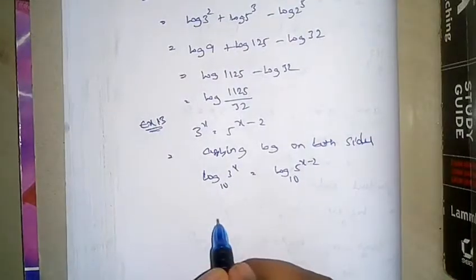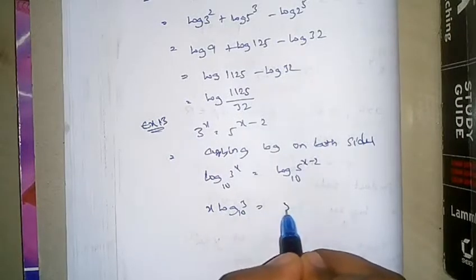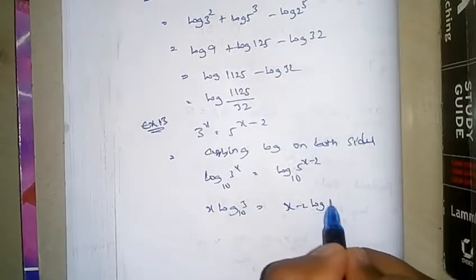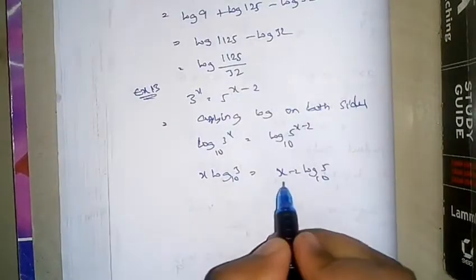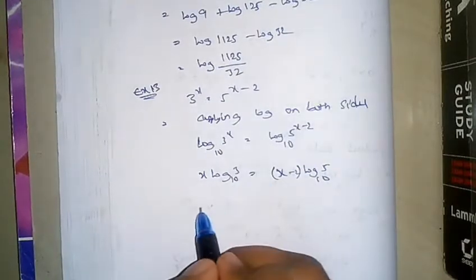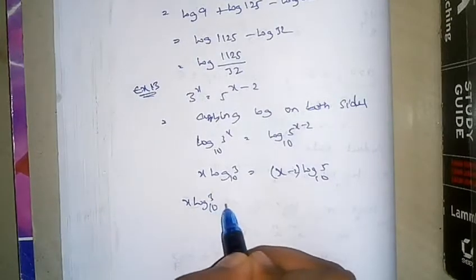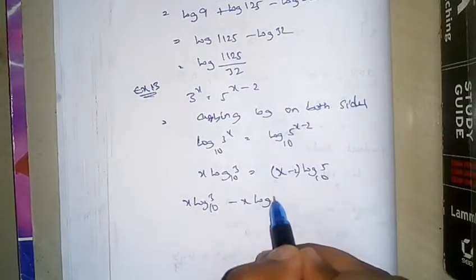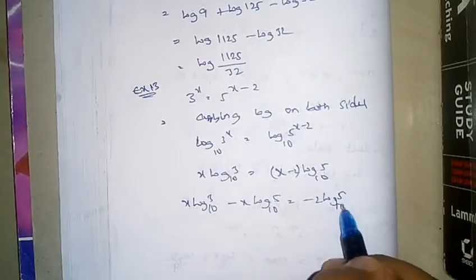So this can be written as x into log 3 base 10 is equal to x minus 2 into log 5 base 10. Now, x log 3 base 10 minus x log 5 base 10 is equal to minus 2 log 5 base 10.